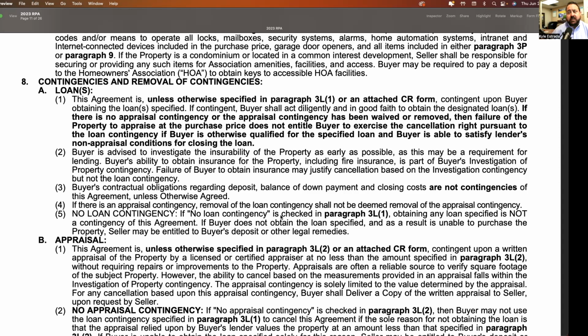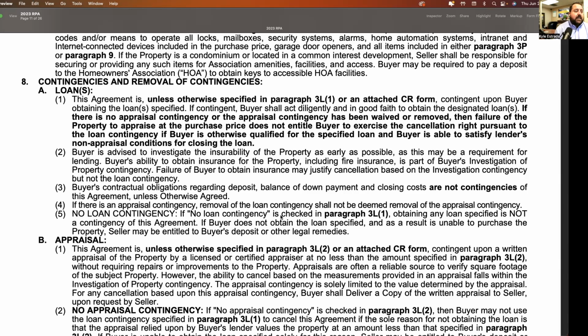But do that in the first 17 days so that if there is an issue, the insurance is prohibitively expensive, or they can't get insurance because of where the property is located, they can cancel within the first 17 days and not put their deposit in jeopardy. Once they remove that investigation inspection contingency, if they can't get insurance, they can't cancel for any other contingency. They could lose their deposit. Okay, so keep that in mind about the insurance.